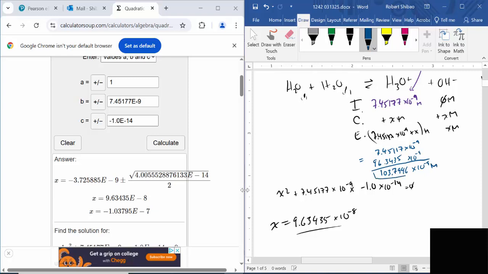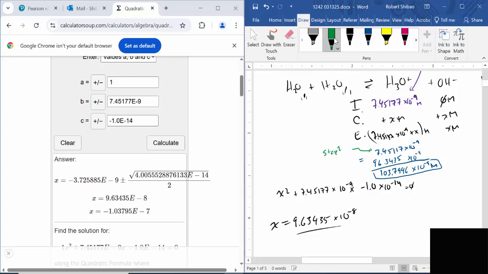So the total hydronium, which is the hydronium from step 1 plus the hydronium from step 2, is 103 times 10 to the minus 9.